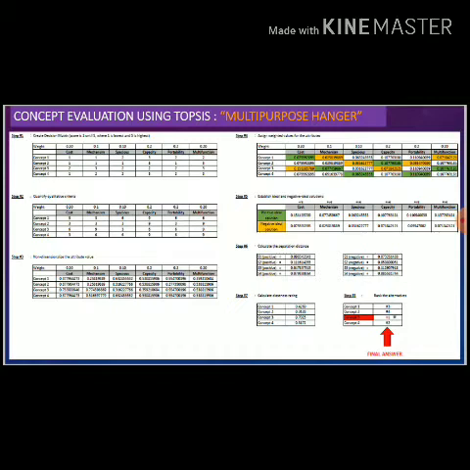In this step we cluster them into 2 parts: the separation distance from the positive ideal solution and from the negative ideal solution. In step number 7, we calculate the closeness rating for each of the concepts. And last but not least, in step number 8, we come out with the rank of the concepts.